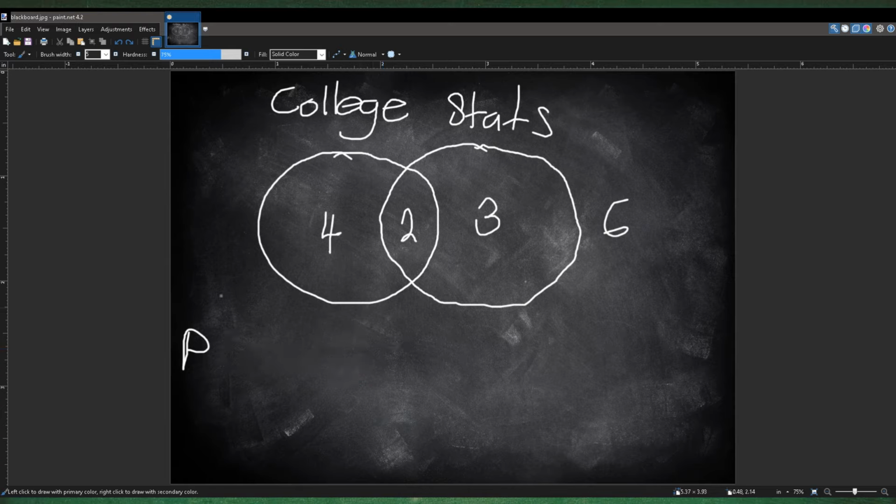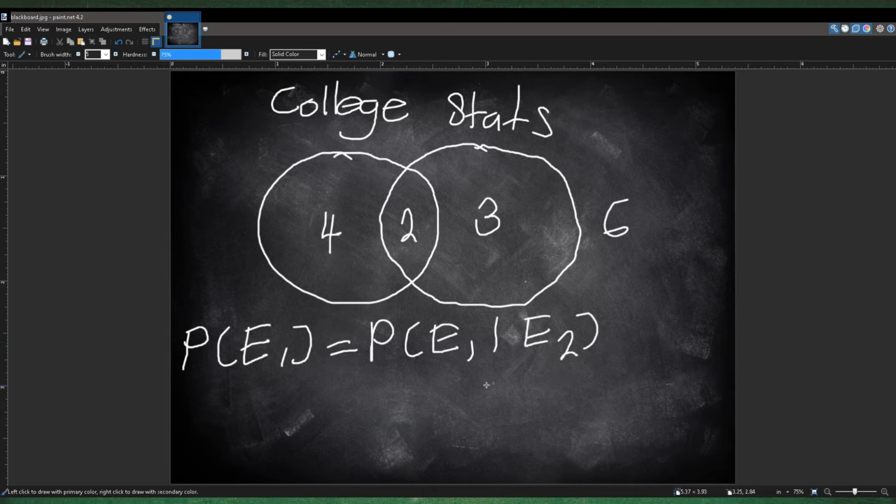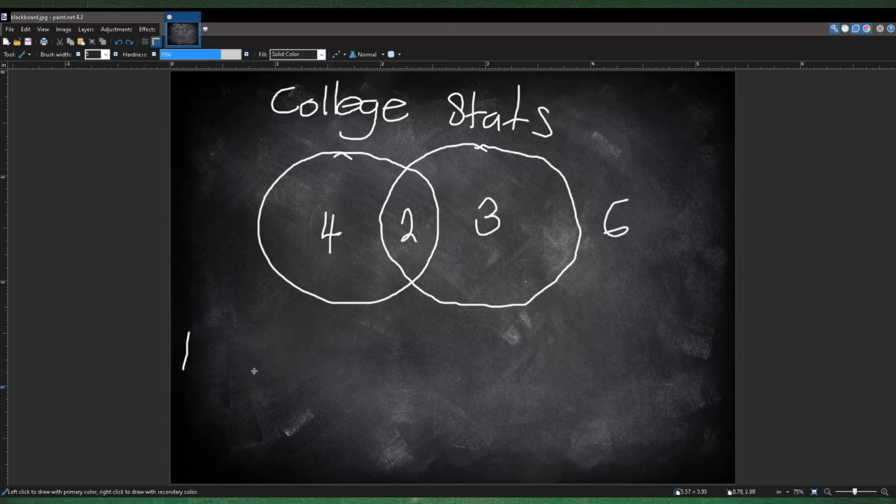Just use this mathematical idea: if E is event 1, the probability of event 1 is equal to the probability of event 1 given the other event, event 2. That's basically the rule. If you prove that those numbers are equal to each other, or really, really close, like if it's 0.15 and it's equal to like 0.14, you could roughly say that they might be independent because it's so close together.